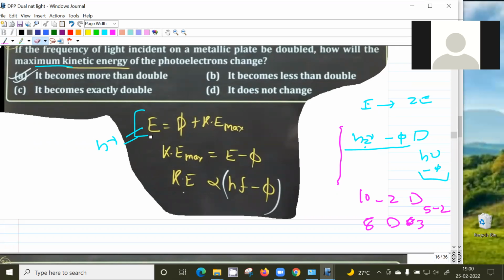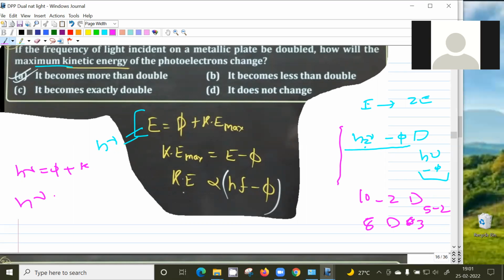I am changing E in terms of... The slope is not constant, no, sir, here. So it's not a straight line. Actually, this thing is: suppose the frequency is nu, then the equation is phi.